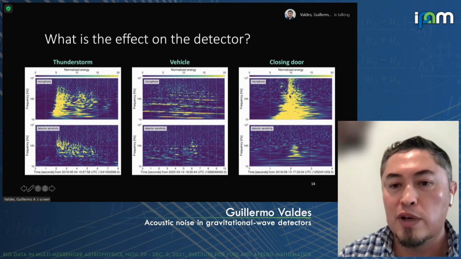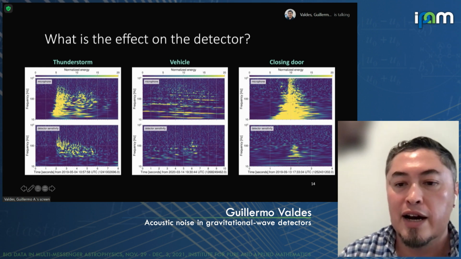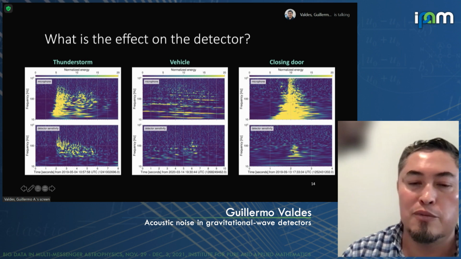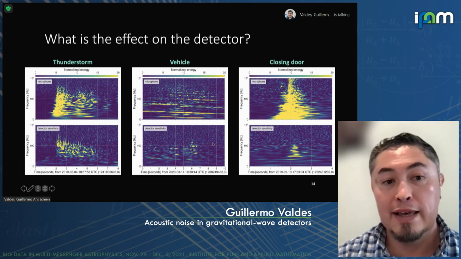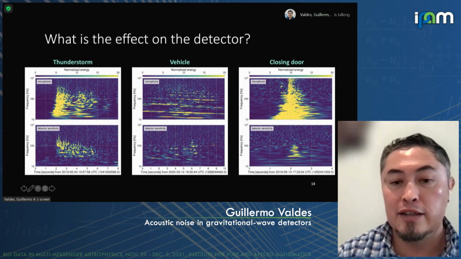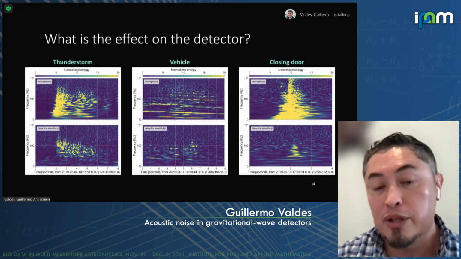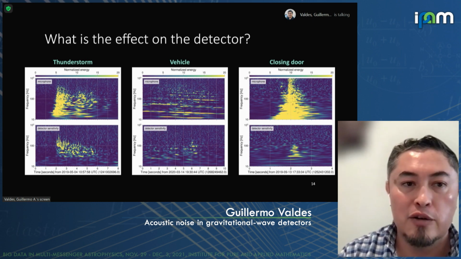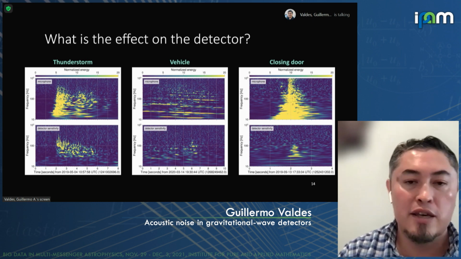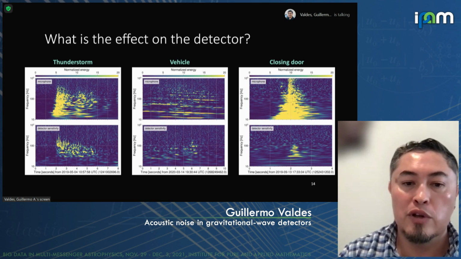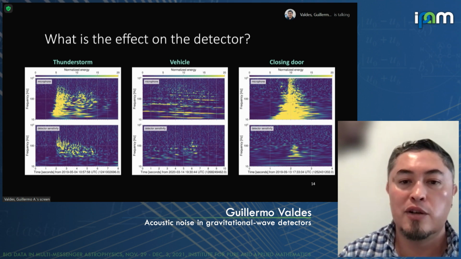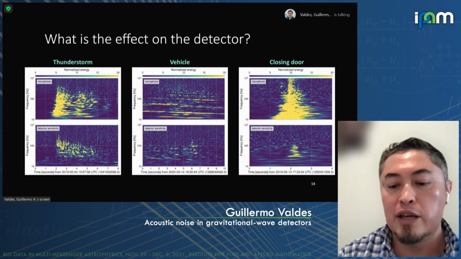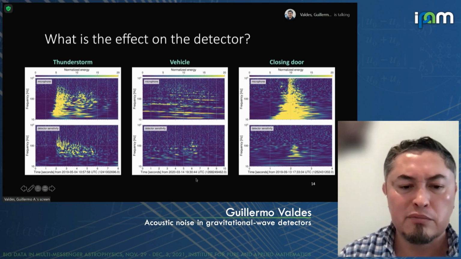And as you can see, with a single door closing very hard, you can have some noise. It can happen, so it's important to take a look. So that's the way that we find the origin of all these noises, of the scattering, and maybe we can mitigate some of them.